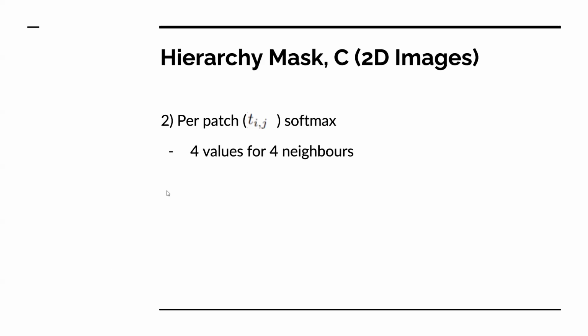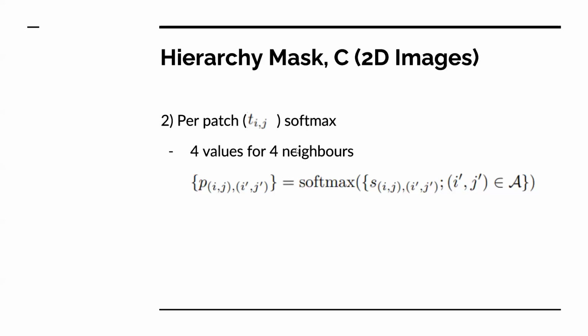So now the only difference between text and patches is you're going to have 4 neighbors at max. So you're going to have 4 values for 4 neighbors. So if there's no neighbor in any given direction, say you're a patch in the top left corner of an image, you only have 2 neighbors, so you don't have a neighbor on top of you or to your left. So those softmax values are going to be 0.